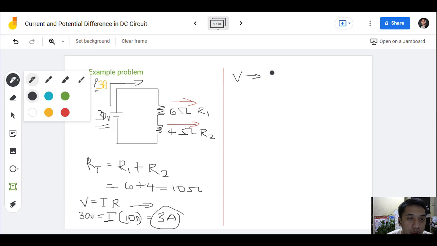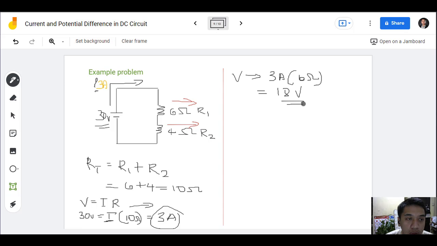The current is 3 amps, so we have 3 amps times the 6 ohms resistor, that will become equal to 18 volts. How about in the 4 ohms? The voltage across the 4 ohms is the current of 3 amperes times 4 ohms, that would become 12 volts. Ayan.